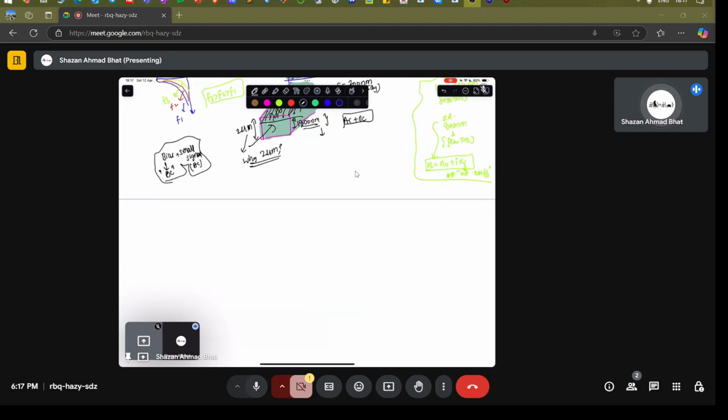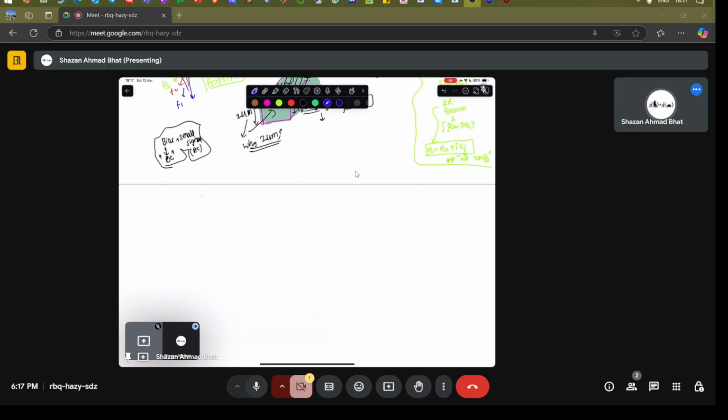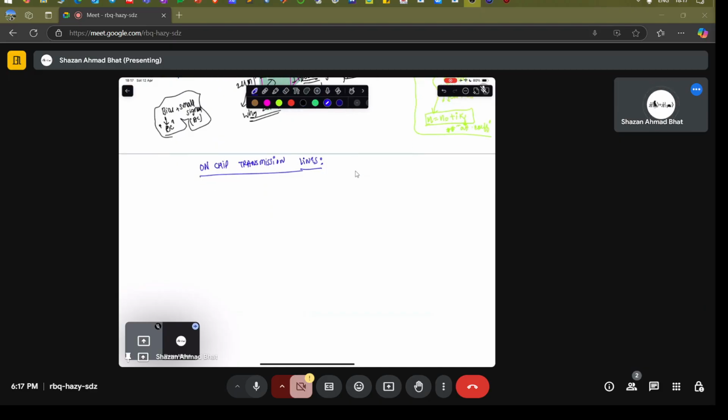Now, for example, you have previously studied on-chip transmission lines, which was discussed in the previous week. In integrated circuits, all inductors and capacitors are implemented using these transmission lines.